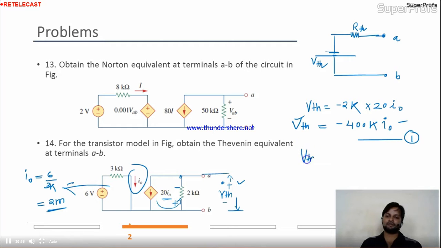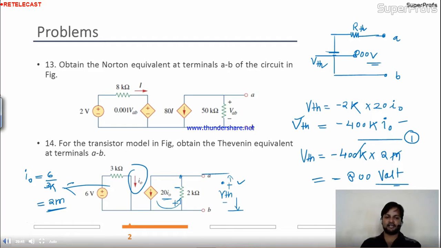So you'll put the value: minus 400k into I naught, which is 2 milli. Milli and k will cancel out. So this is minus 800, and this is nothing but volt. So here the voltage is 800, nothing but 800 volt. Is it okay to you people?